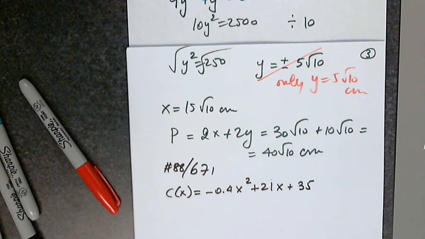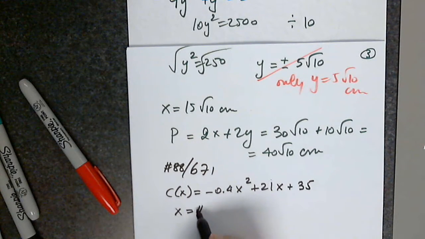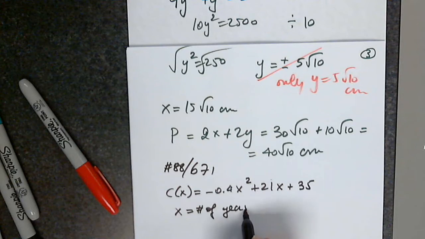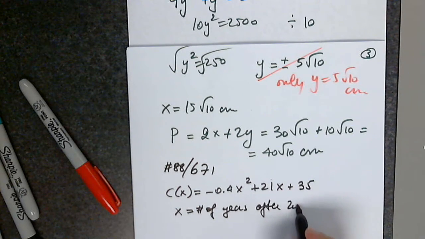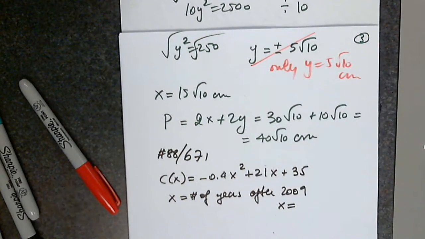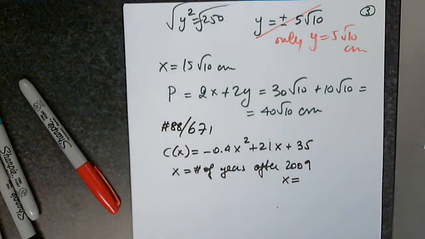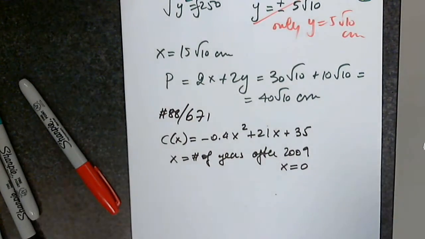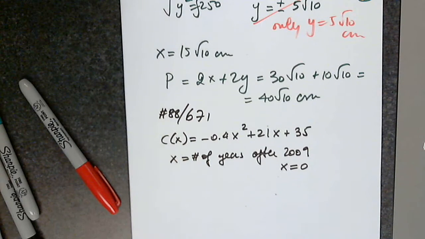Where C of x is the projected number of Wi-Fi enabled cell phones in millions, and x is the number of years after 2009, which means 2009 represents x equals. Part A. Find the number of Wi-Fi enabled cell phones in the United States in 2010.